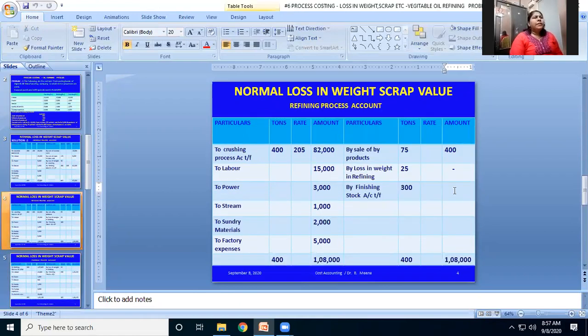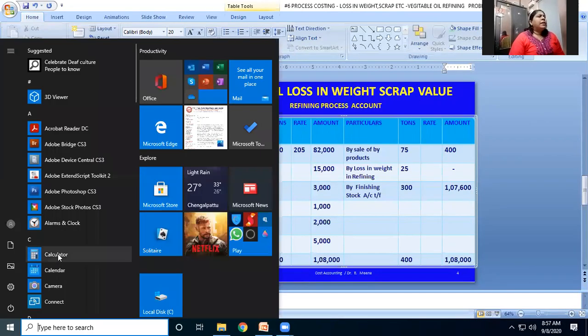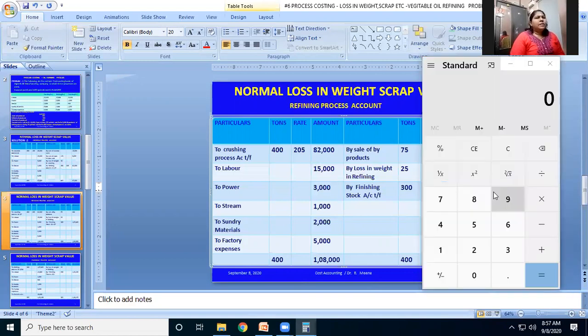So I will get the balancing figure as 1,07,600. How to calculate the rate per ton? 1,07,600 divided by 300. 1,07,000.